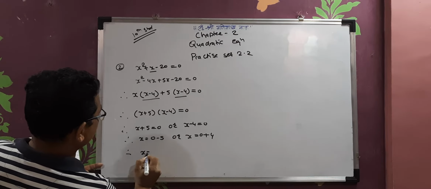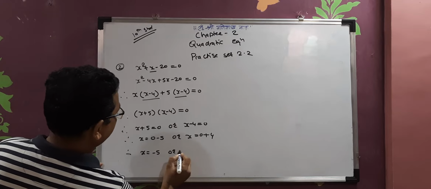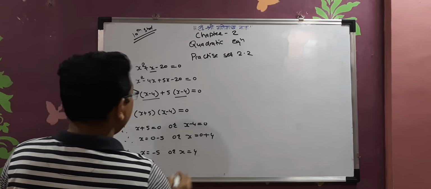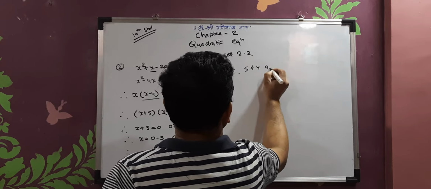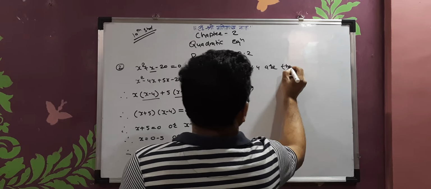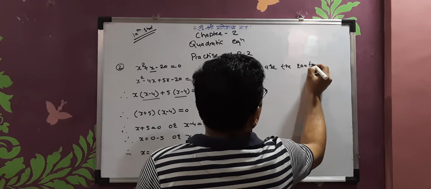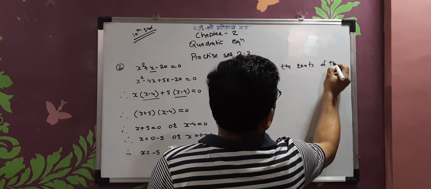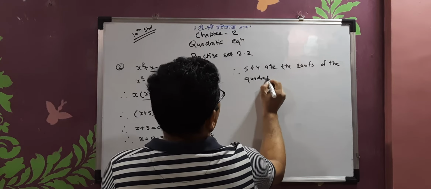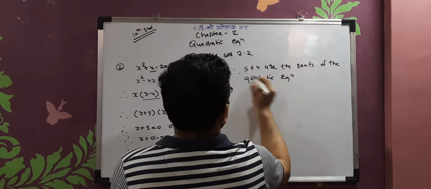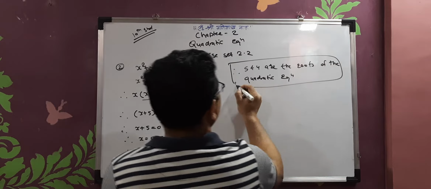So x is equal to minus 5 or x is equal to 4. So minus 5 and 4 are the roots of the quadratic equation. This is the answer.